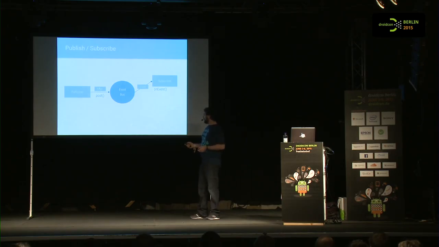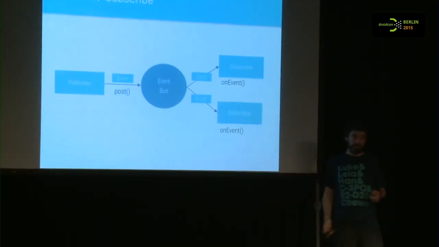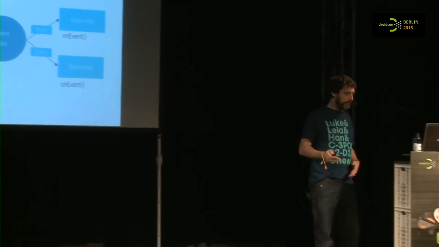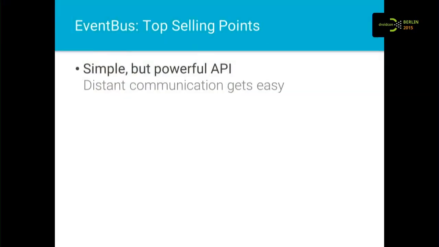This is done by looking at the event type. Every subscriber that is interested in a specific class or type of event will get informed. And because it's one-to-many communication, you can have as many subscribers as you want. So this is the basic Eventbus thing.